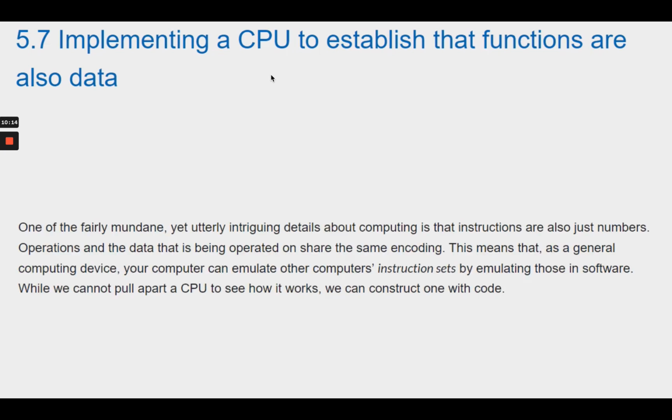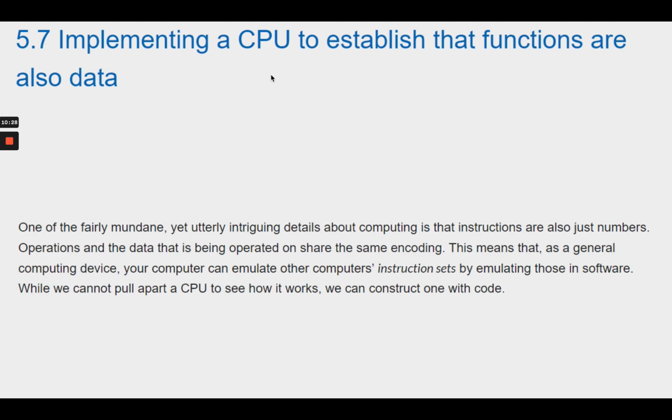Section 5.7. Implementing a CPU to establish that functions are also data. One of the fairly mundane yet utterly intriguing details about computing is that instructions are also just numbers. Operations and data that is being operated on share the same encoding.